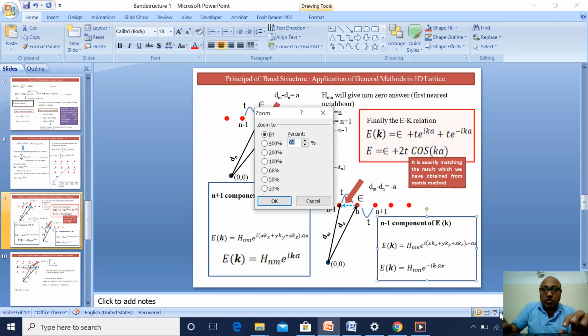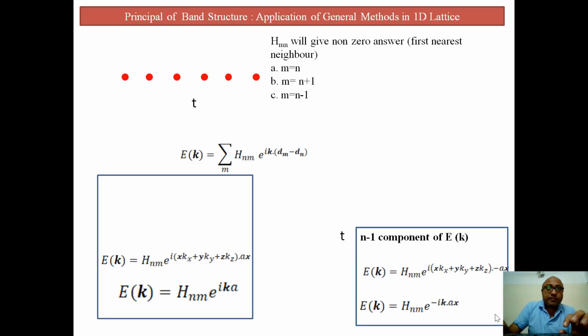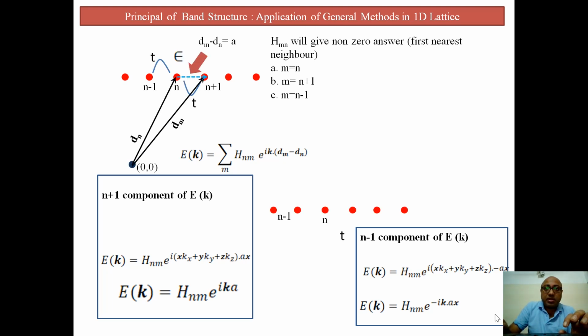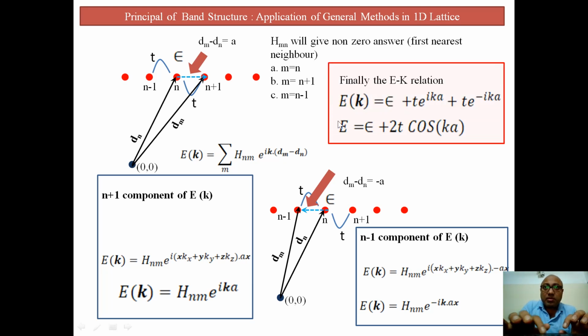Sorry, this is my final thing, and n minus 1, I think now it looks nice, and I hope it's correct now. So you can see that as a part of the summation there is epsilon, and its phase factor is 1, because dm is equal to dn.